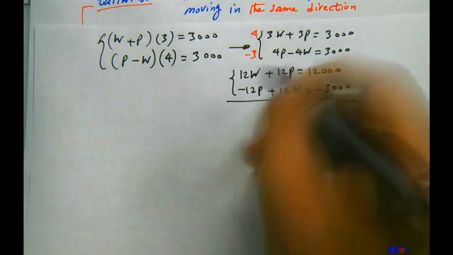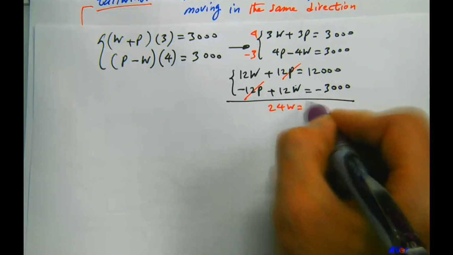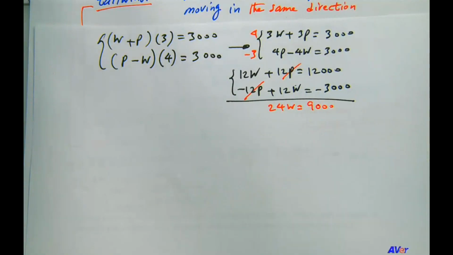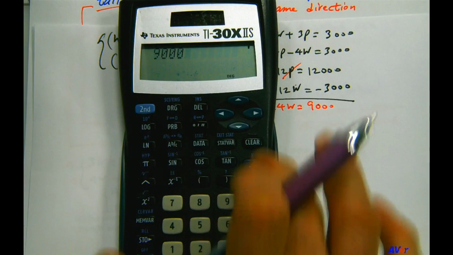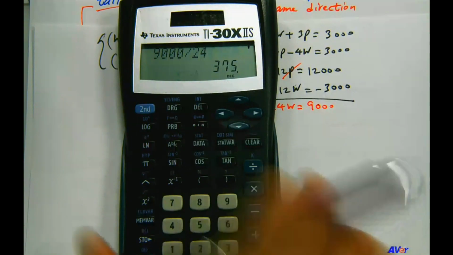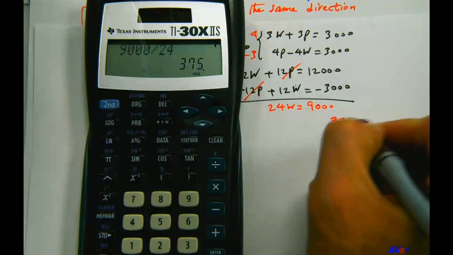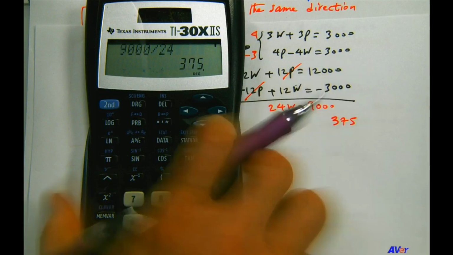So then the P terms drop out. We get 24W equals 9,000, and then 9,000 divided by 24 is 375 kilometers per hour. 375 kilometers per hour.